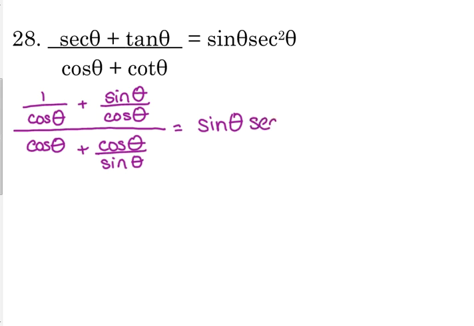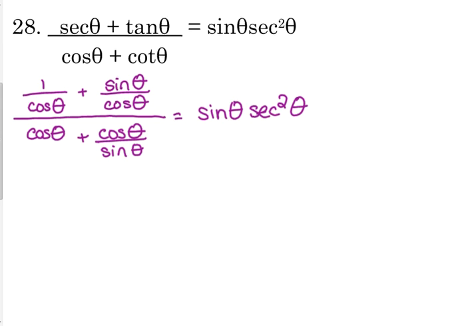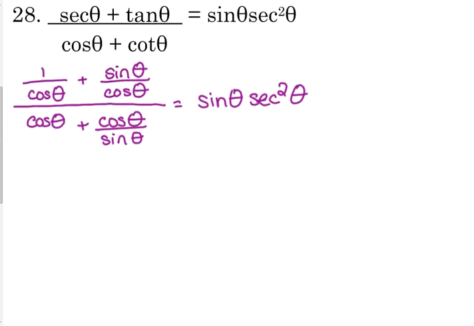Okay, well that looks like I just made my problem even bigger. So what do we call that big thing right there? It has a name. A complex fraction. Okay, a complex fraction. So what do we do with complex fractions?